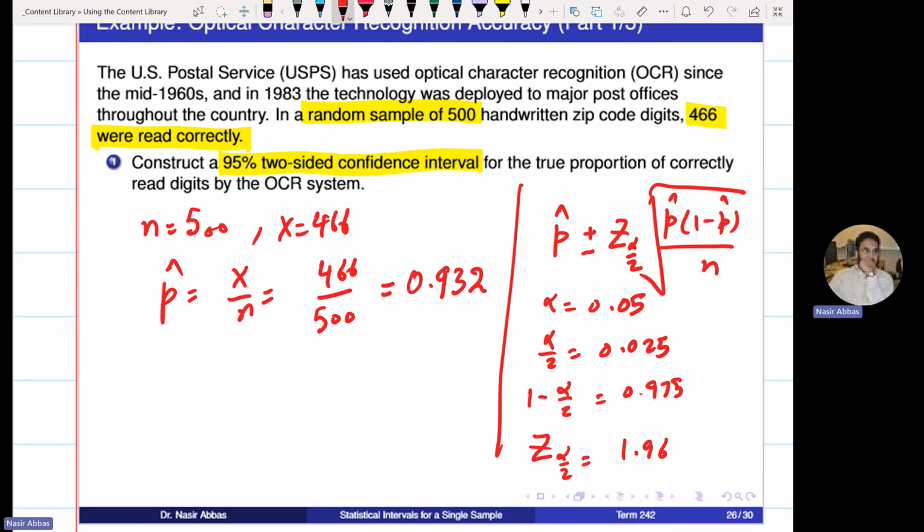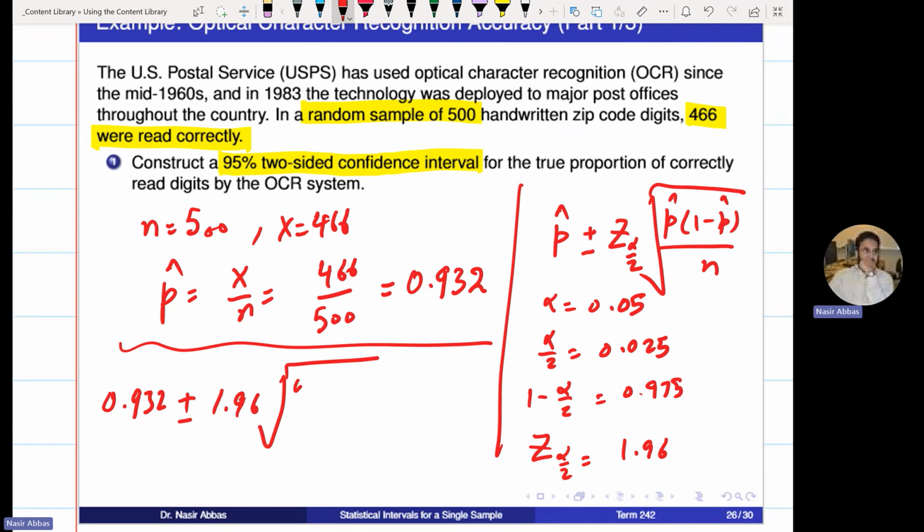Now plug it into the formula, and your interval estimate will be 0.932 plus minus 1.96 square root of 0.932 times 1 minus 0.932 over 500. This will give you a lower limit and an upper limit.